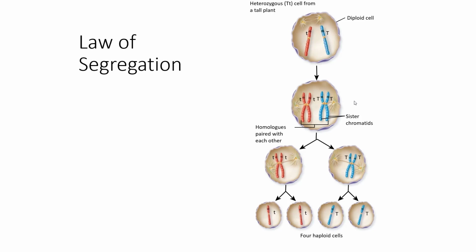Each one of these cells is haploid, and each one has only the same alleles. So the lowercase t's are all in one spot, and the uppercase T's are all in the other spot. They are segregated into separate cells. And during meiosis 2, we're going to make 4 haploid cells, and that will further separate these different alleles.